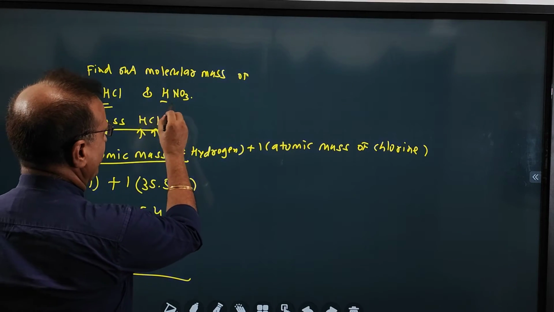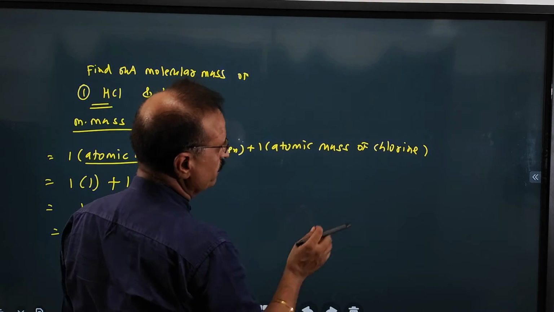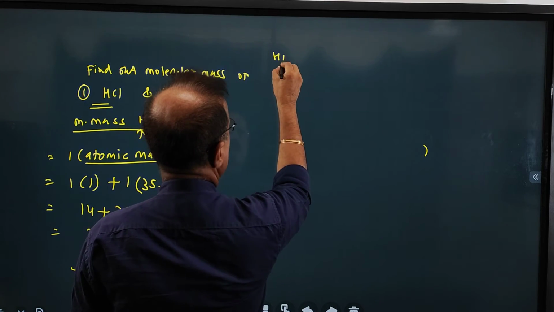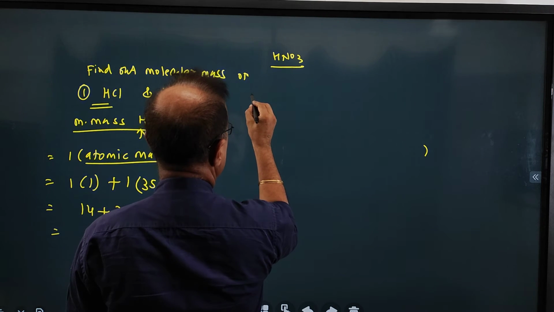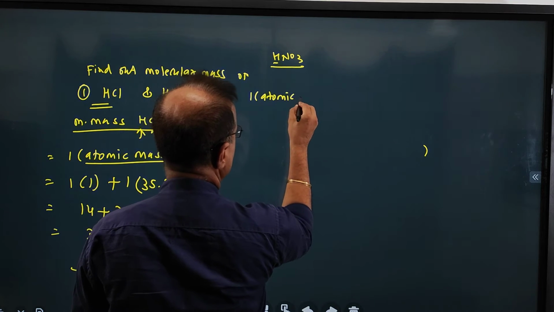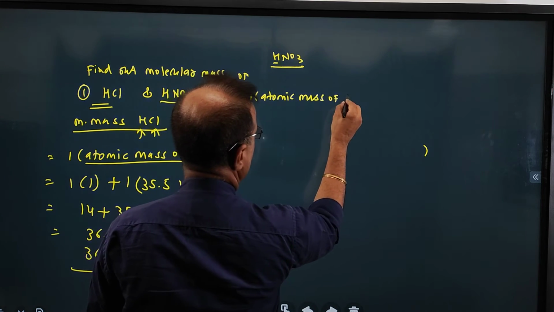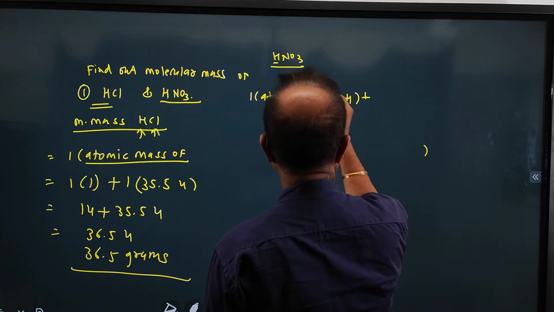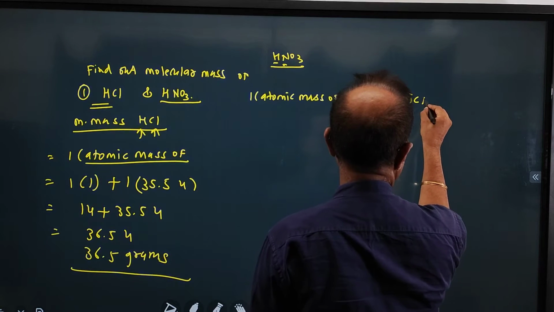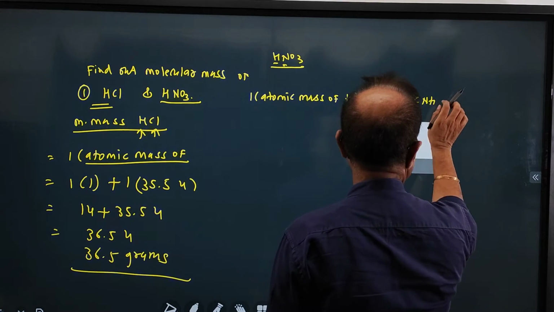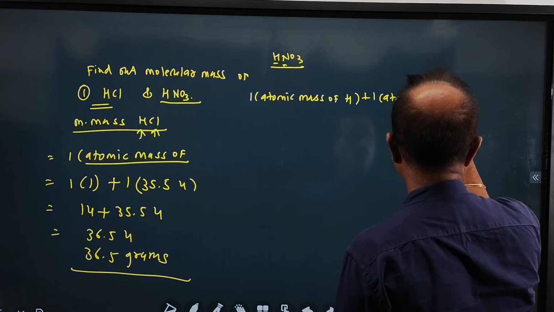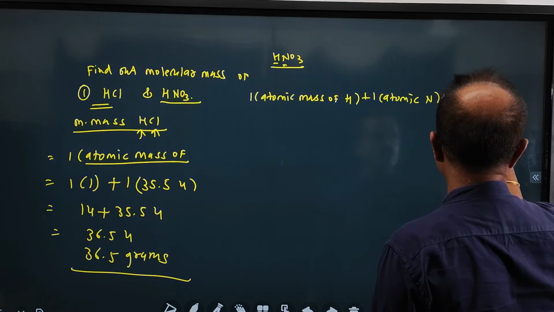Another example, you are given HNO3. So we are writing the molecular mass of HNO3. So there is one hydrogen. So 1 into atomic mass of hydrogen plus there is one nitrogen means 1 into atomic mass of nitrogen, capital N I am writing, plus there are 3 O, so 3 into atomic mass of oxygen.